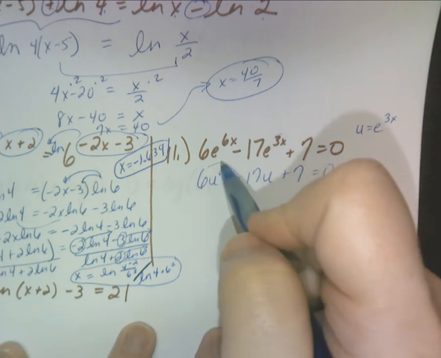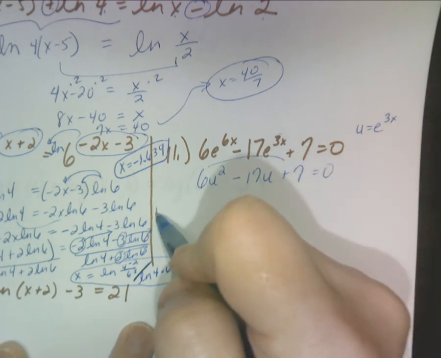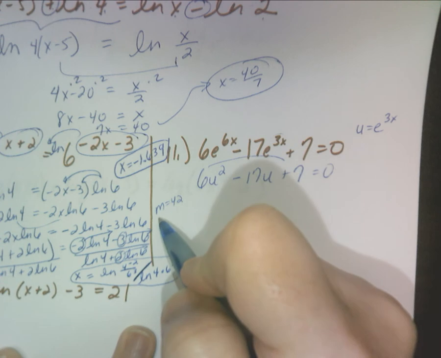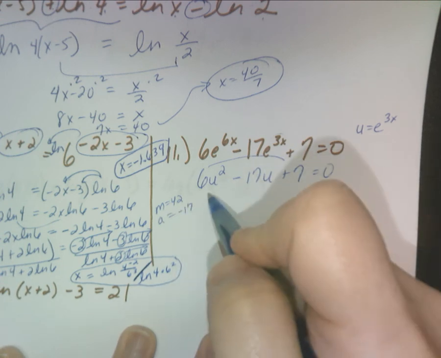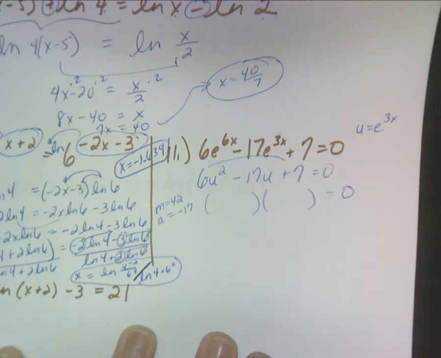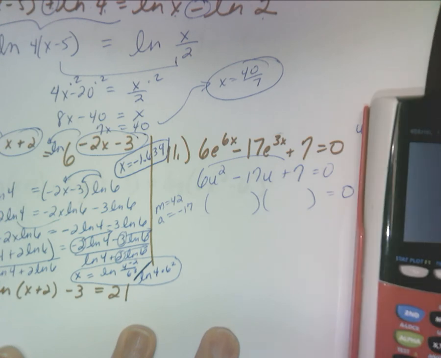And then Miss Davis told you what multiplies to 42, but adds to the middle of negative 17. And you got to go through, I think she taught you a trick. I know she taught it to me, but you could always do this.